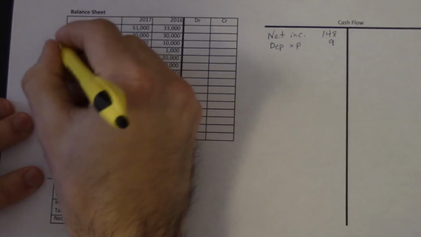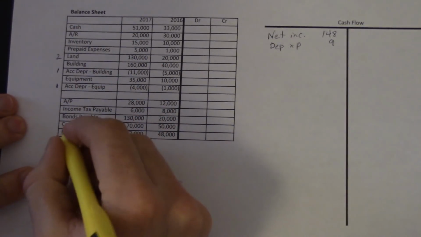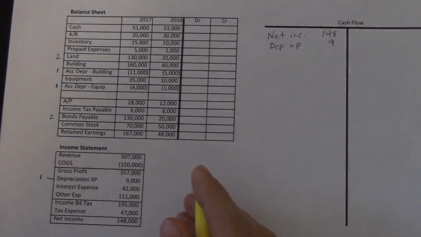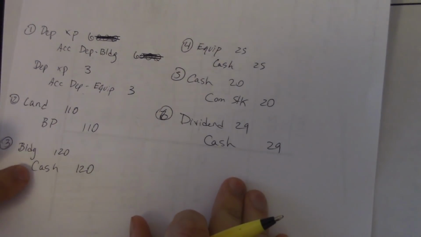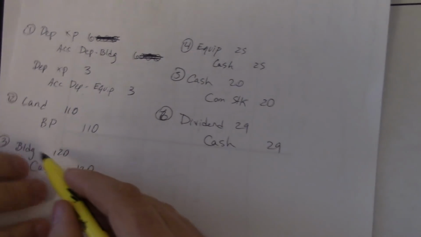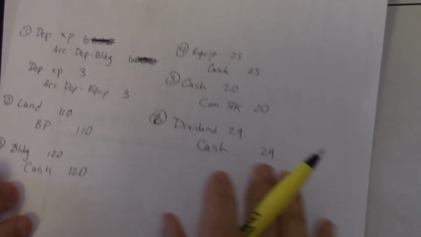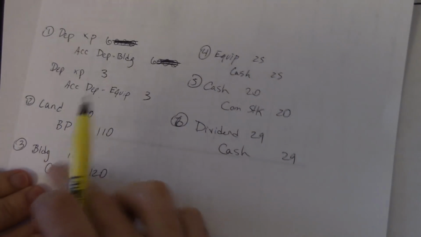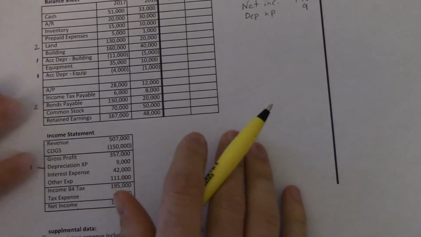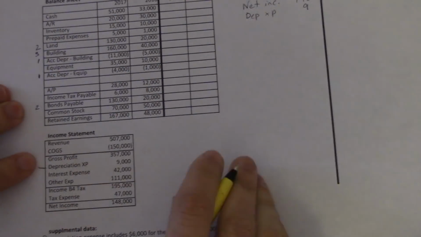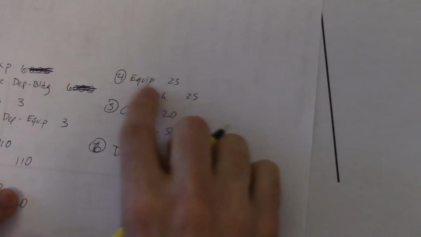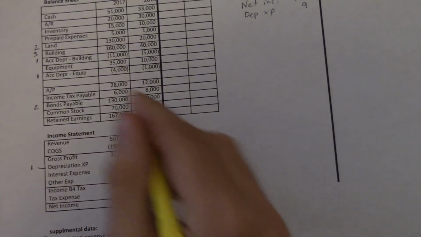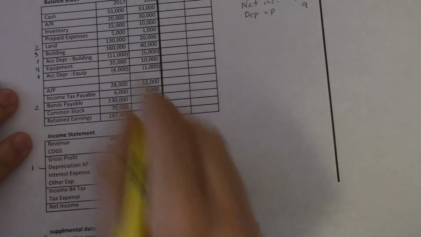So that's number 2, land, and the bonds payable, number 2. Number 3, a building and cash. So we skip cash. We don't really care about that right now. And we've got a building in number 3. 4, we've got equipment and cash. Skip cash. Equipment is number 4.